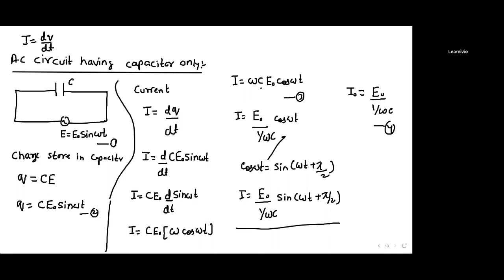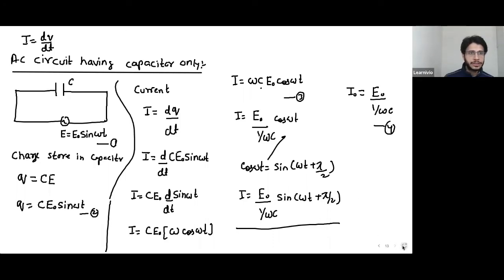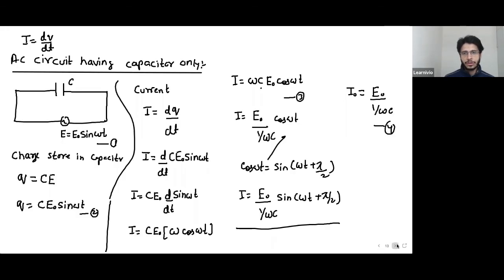So this is equation number 4, that I naught is E naught by 1 by omega C.